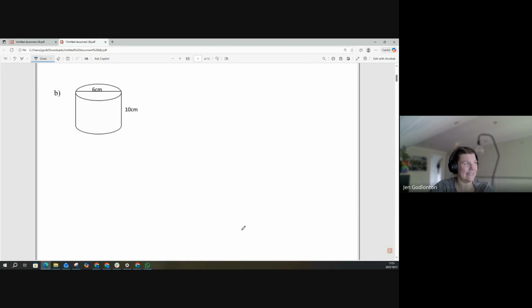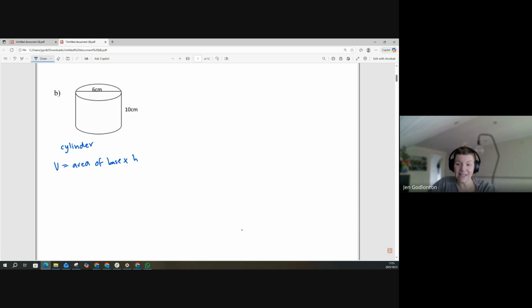All right, next one. We have a cylinder. Again, a cylinder is considered assumed knowledge, which means they don't have to give you the formula. But remember, the same idea goes for volume. It's always going to be area of base times the height, if it's a shape where the base is consistent all the way up.